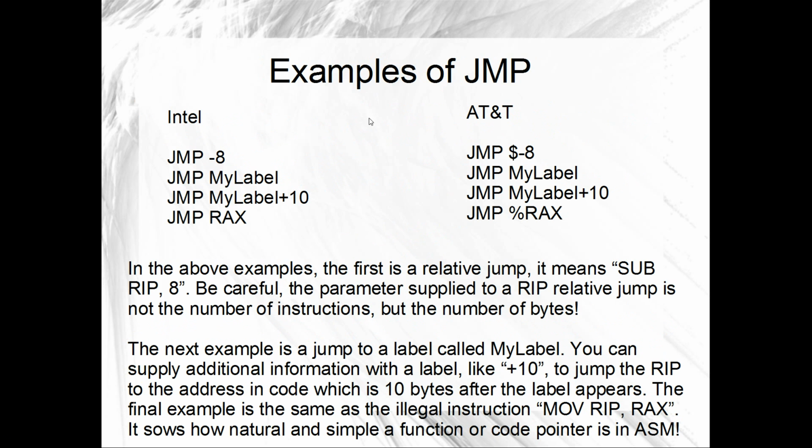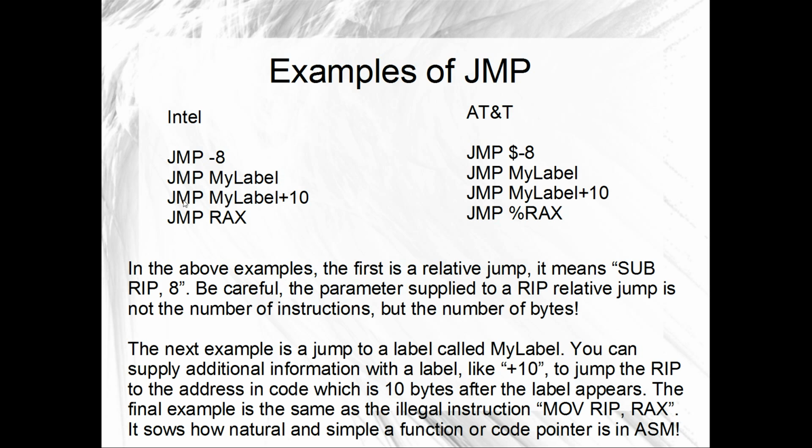Just a few examples of jump. Jump -8. You would never usually do that, but that does mean subtract 8 bytes from the RIP. So start executing from 8 bytes previous to where the current IP is. Like I said, you don't usually do that. What you tend to do is jump my label, something like this.